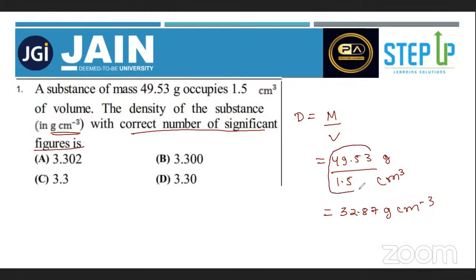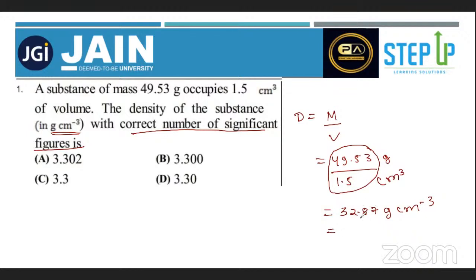This is basically a division. In case of division, I have to give the answer in that number of significant figures which is the minimum among the given values. You can see this contains 4 and this contains 2, so I'm supposed to give my answer in two significant figures.